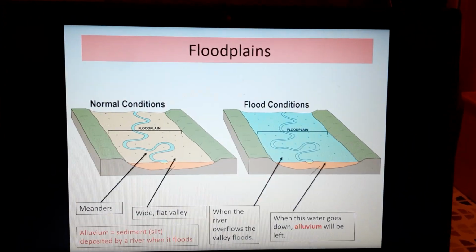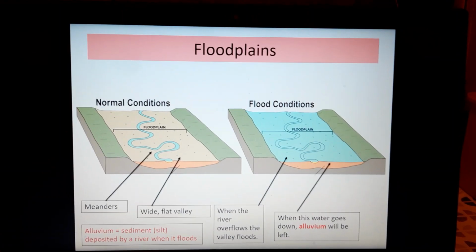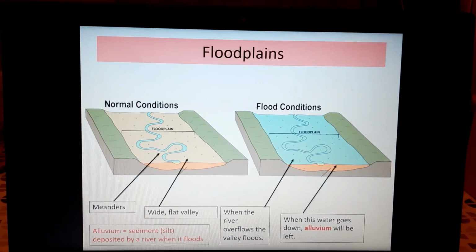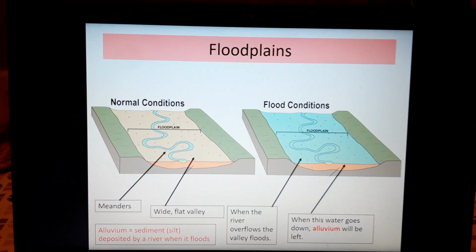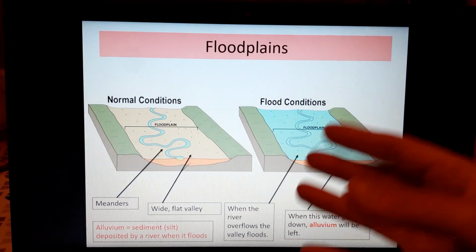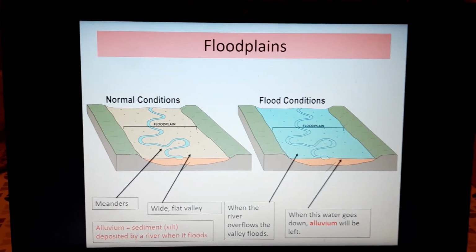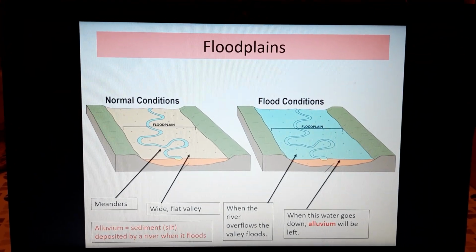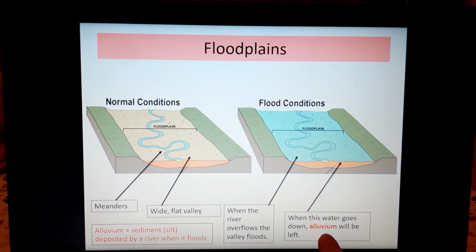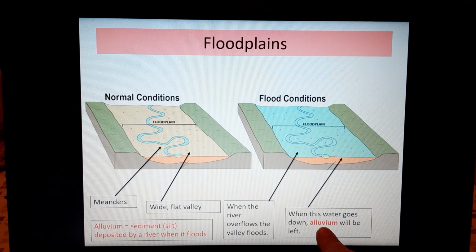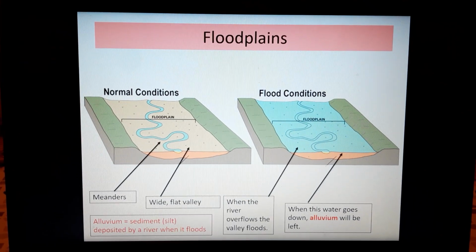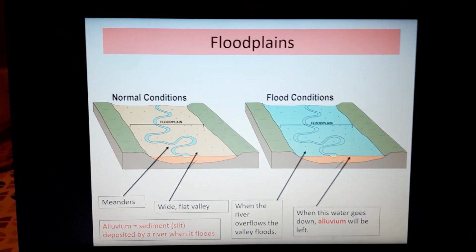And what happens when the river floods is that the sediment the river's carrying comes out of the river as well. So all that sand and soil and silt gets carried out of the river onto the floodplain. And when the water goes away, what's left behind is called alluvium. Alluvium is sediment or silt which is deposited by a river when it floods.